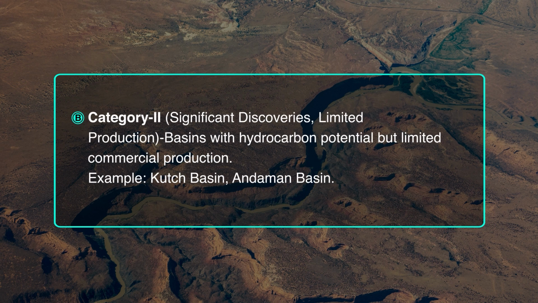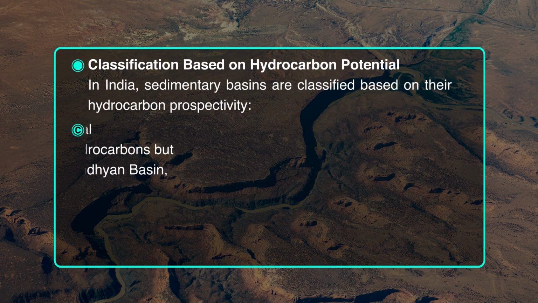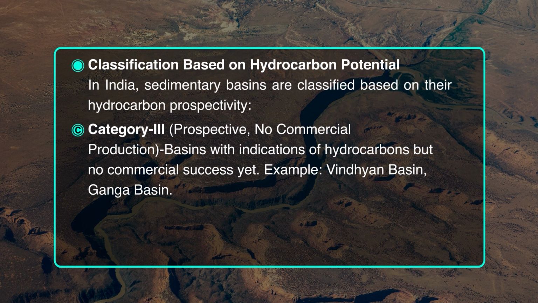Then the second category, category 2, is significant discoveries and limited production. So, the basins with hydrocarbon potential but limited commercial production fall under category 2. Category 3 is prospective, no commercial production, and these are the basins with indications of hydrocarbons but no commercial success yet.